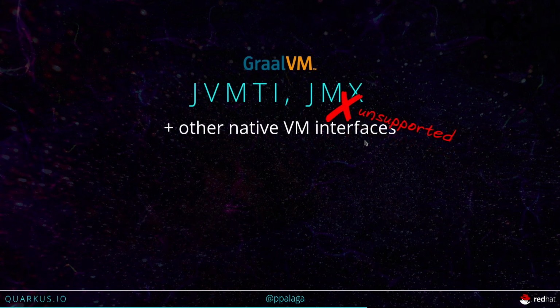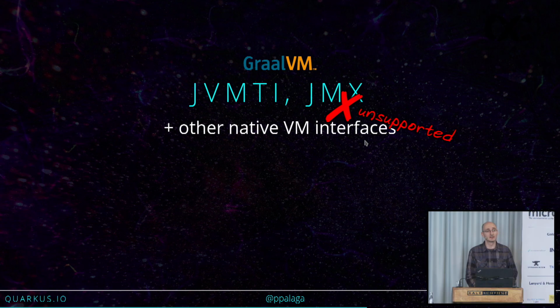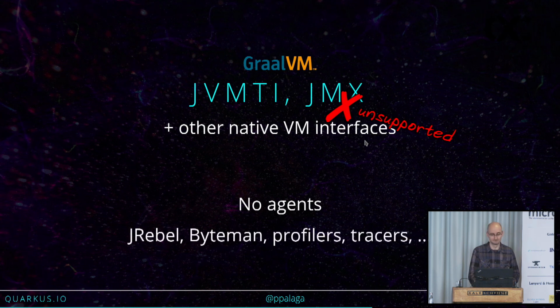There are no JVM TI, JMX, and other native interfaces. There are no agents. There's no JRebel, no Byteman, no profilers, no tracers. Why? Because all of these rely in some form on the presence of bytecode.